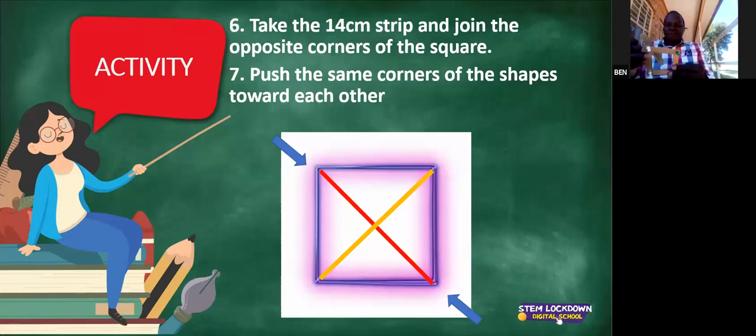Then I'm joining it in the middle. Then to make sure that it is stable, I'm joining it like this. After I have joined it, it becomes rigid. When I try to push it, it does not move.